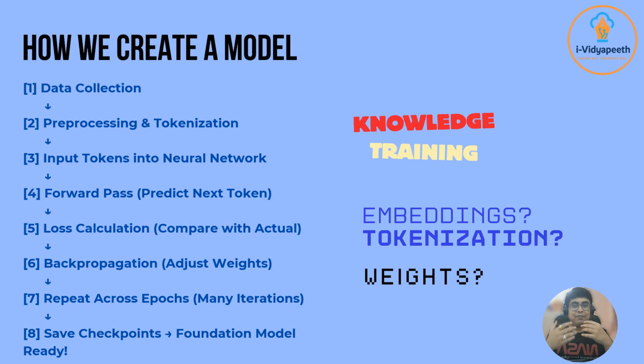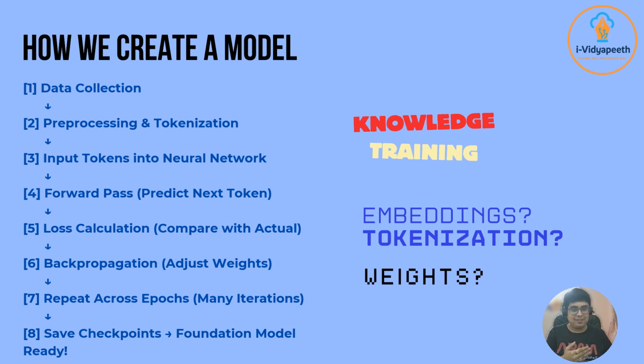Then we give these input tokens to the neural network and tell it to please predict the next word, because we are training it via the self-supervised learning method. Whenever we tell it to predict the next token, the model predicts that next token, meaning the next word.